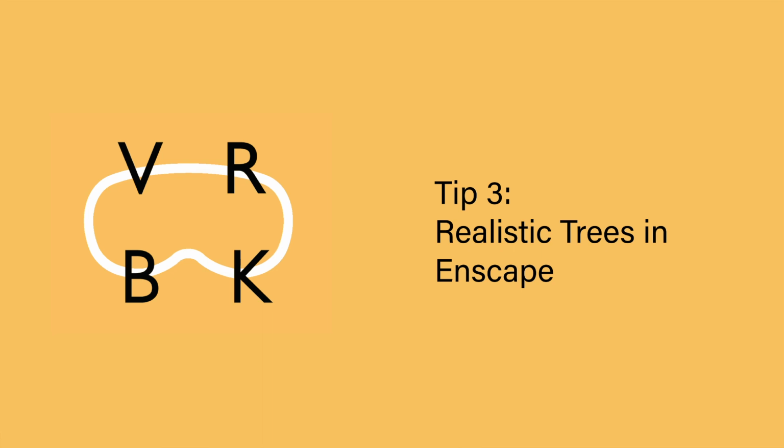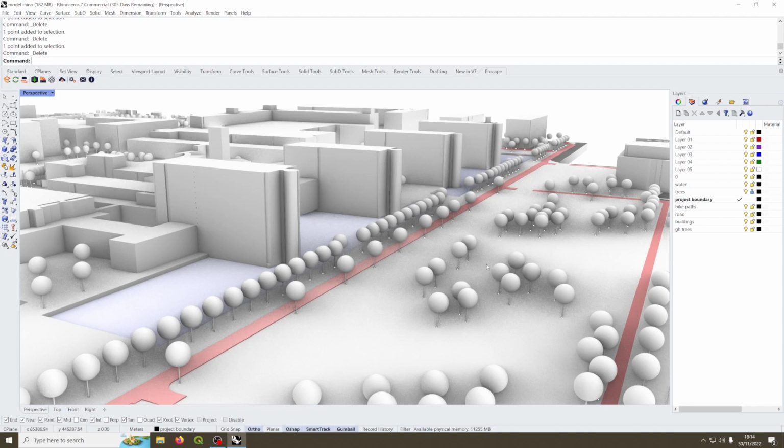The last tip I want to show you is in Rhino, and it's how you can use more realistic trees than these abstract ones we made earlier, using Enscape. So if you don't have Enscape installed, then Google Enscape for Rhino and download it and get your license. If you're a TU Delft student, you get a free license.